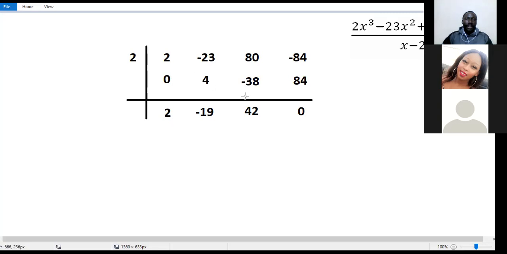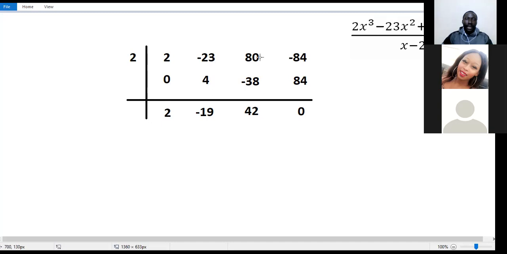Okay. Then after that, you add this 4 to what? To negative 23. Rather, this is negative 23, not 38. So negative 23 added to 4, we get negative 19. Then we multiply this negative 19 by 2, so that we get negative 38, which we later add to what?